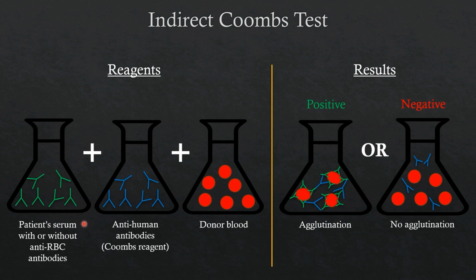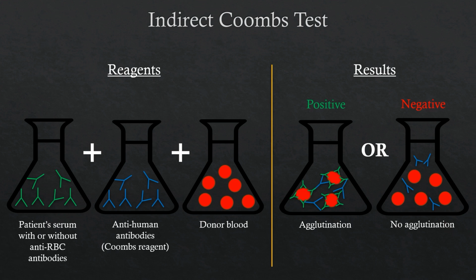Because your serum would have the anti-RBC antibodies, those would attach to the donor RBCs, and then your Coombs reagent or your anti-human antibodies would agglutinate those RBCs together. And the negative test, same as before, there's no agglutination because your patient's serum would not have had the anti-RBC antibodies in it, thus not attaching to the RBCs. Thus, the Coombs reagent has nothing to agglutinate together.